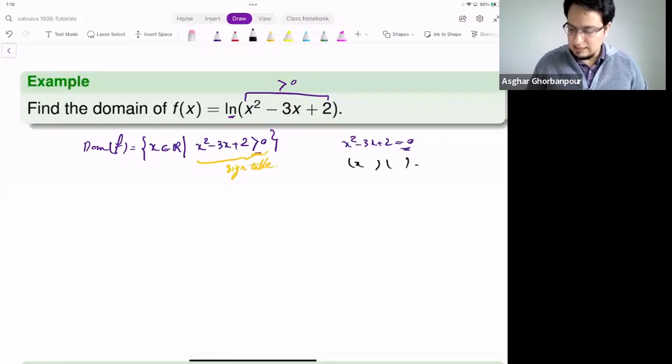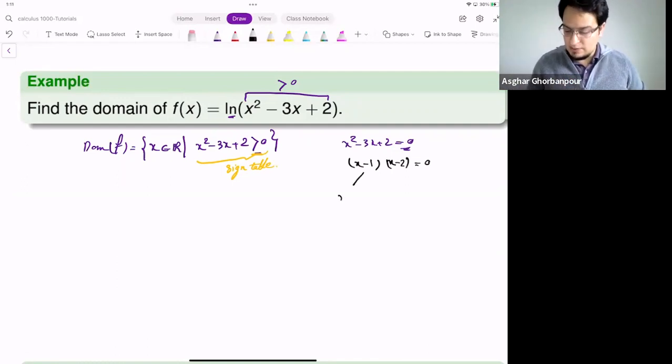In this case, this is an easy quadratic. You can use either the quadratic formula, or you do factor.